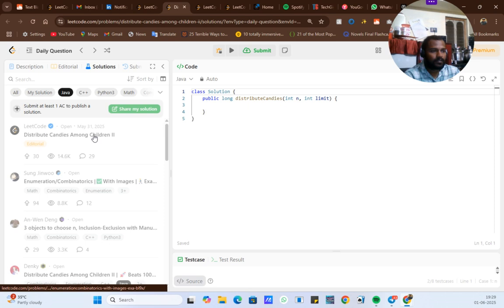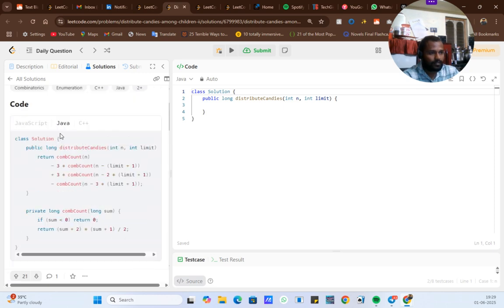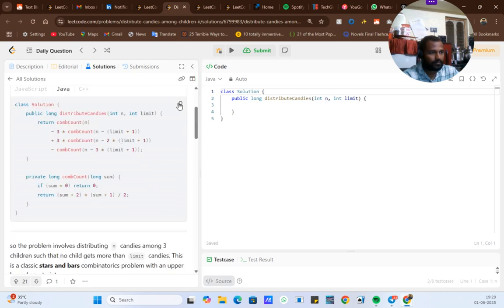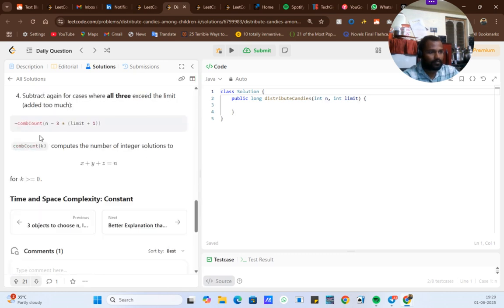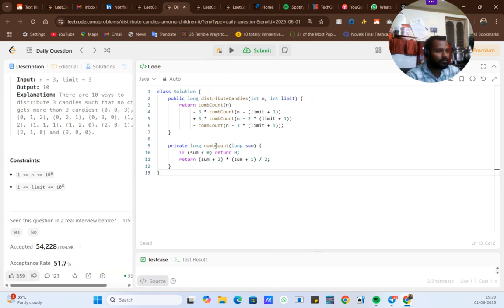So we will get to the solution. So this is the solution. The given function returns this function. So the count function will pass the n argument.